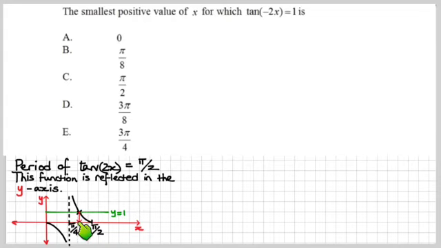That's always going to be for a tan graph with a coefficient of 1 out here, 1 times tan of minus 2x equals 1. That's always going to be halfway between the asymptote and the 0 point here. For a normal tan graph that's the right way up, that's at pi on 4, like this, or halfway there, between 0 and pi on 2.